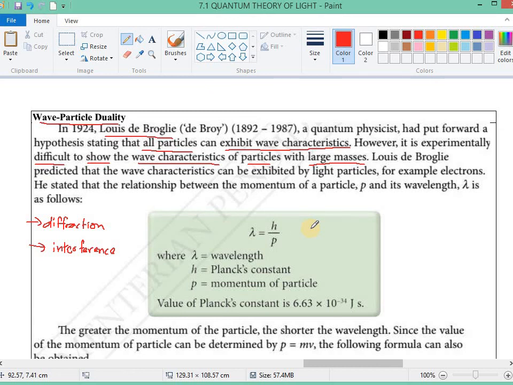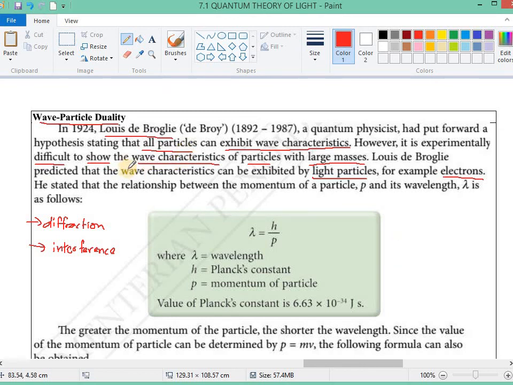So Louis de Broglie predicted that the wave characteristic can be exhibited by light particles. Light particles here means particles that are low mass, for example, electron. We know that the mass of an electron is very low, even much lower compared to proton and neutron.